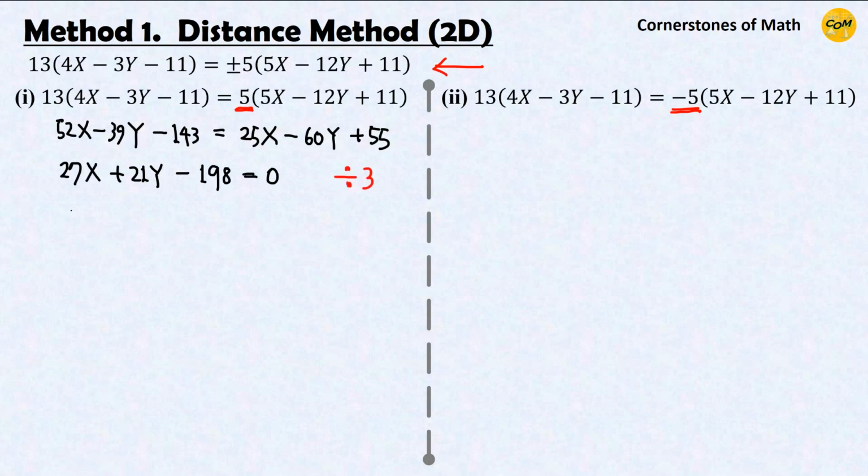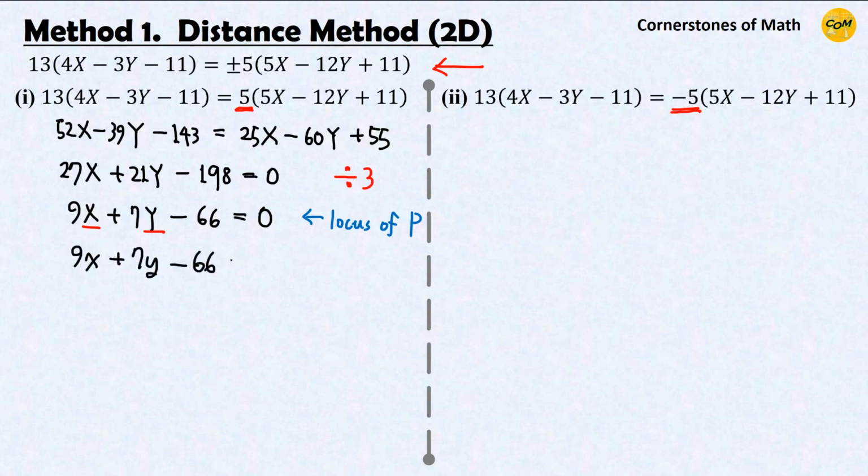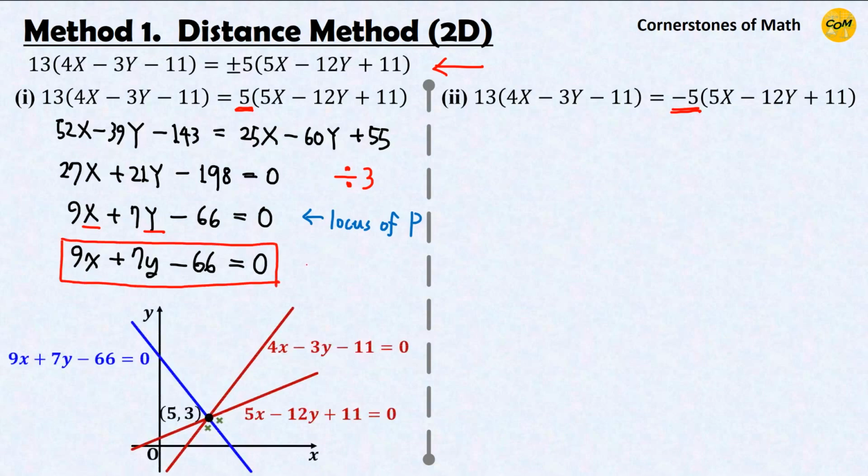Here we can divide both sides by 3 and obtain 9x plus 7y minus 66 equals 0. This is the relation between capital X and capital Y, the locus of point P. This means that point P, which is equidistant to the two given lines, consists of the line 9x plus 7y minus 66 equals 0 on the xy plane. And you can easily notice that this is the line that bisects the larger angle between the two lines.